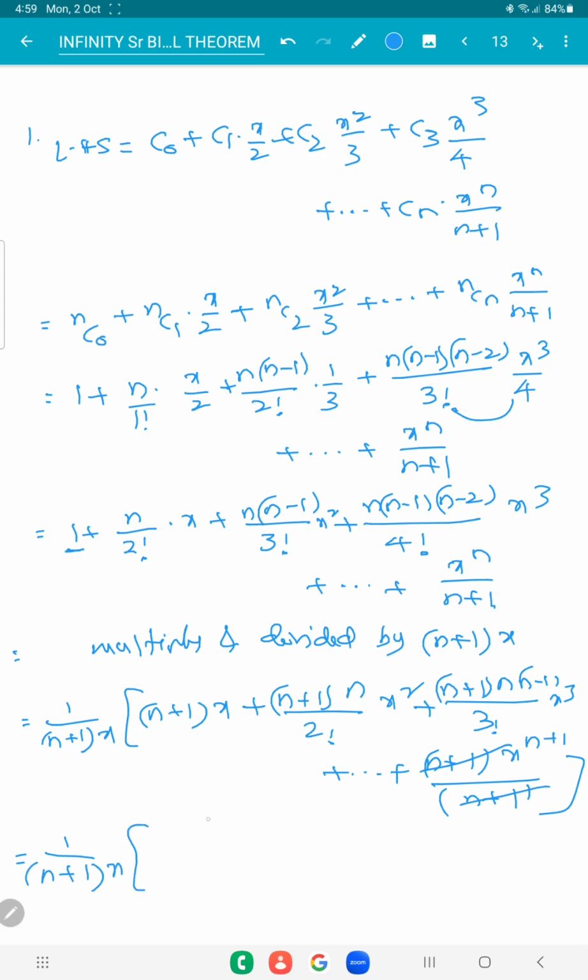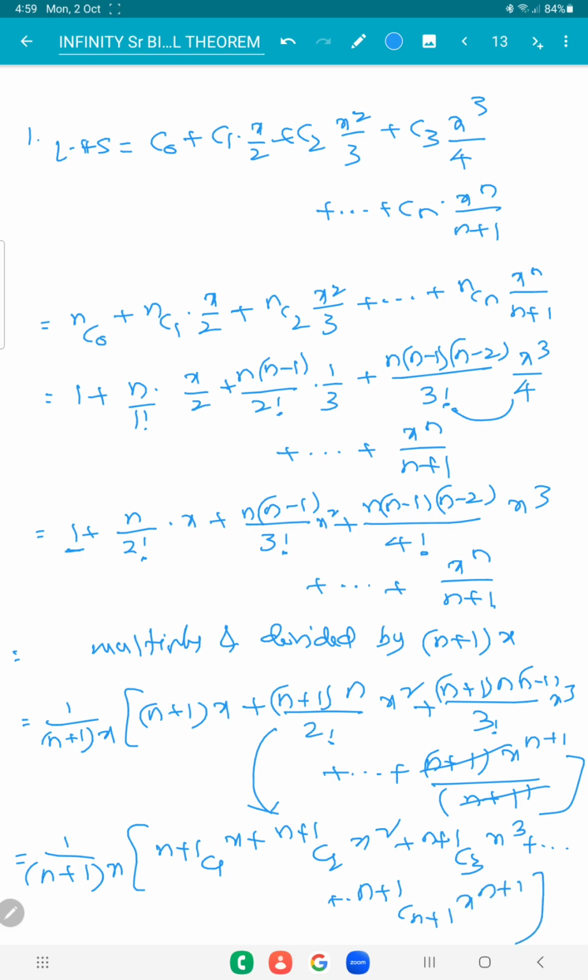So n plus 1 can be written as n plus 1 c1 into x. This is n plus 1 c2 into x square. Next term is n plus 1 c3 into x cube plus and so on plus last term is n plus 1 cn plus 1 into x power n plus 1.